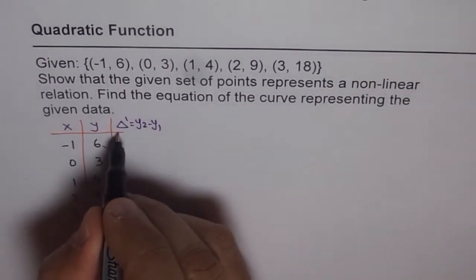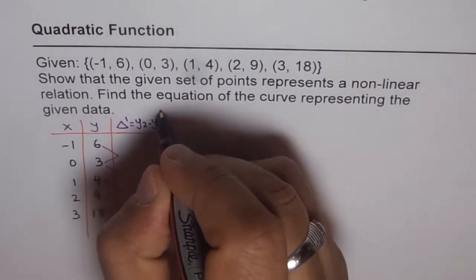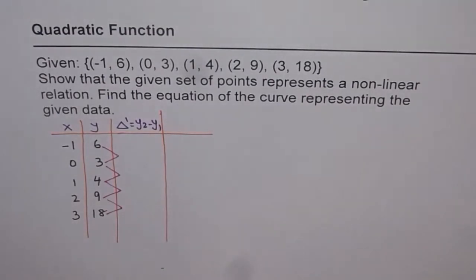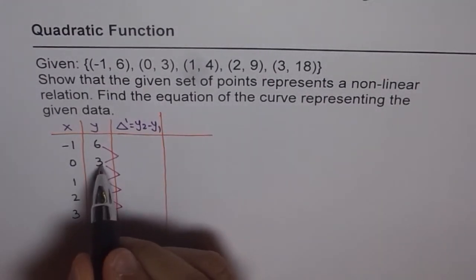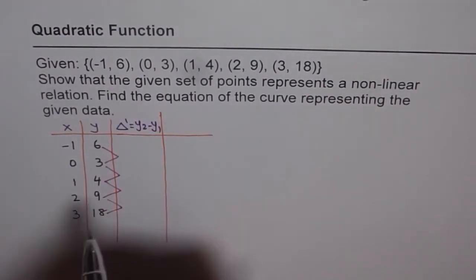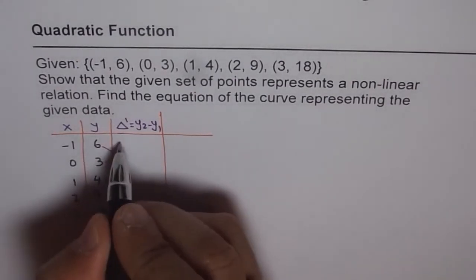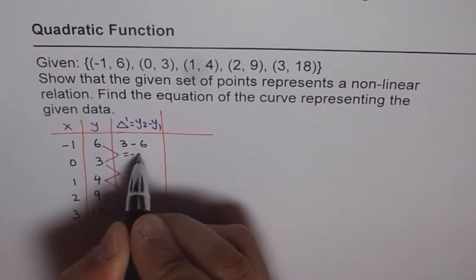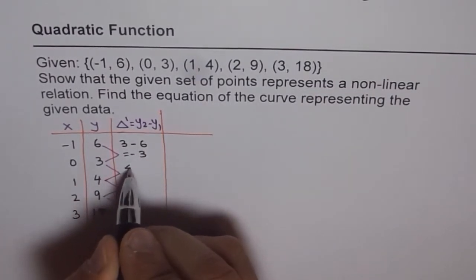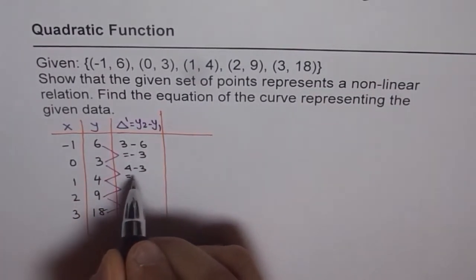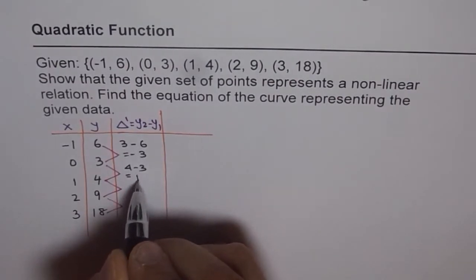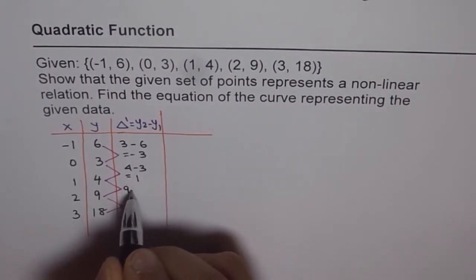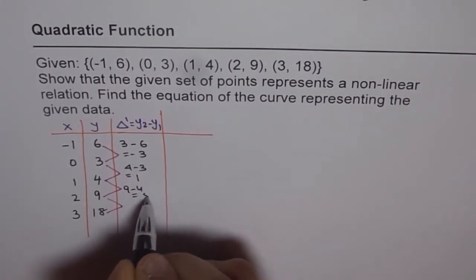Let me extend this table like this. So what is 3 minus 6? So we are trying to do 3 minus 6, which gives us equals to -3. And then we do 4 minus 3, which is equals to 1. And then we do 9 minus 4, which is equals to 5.